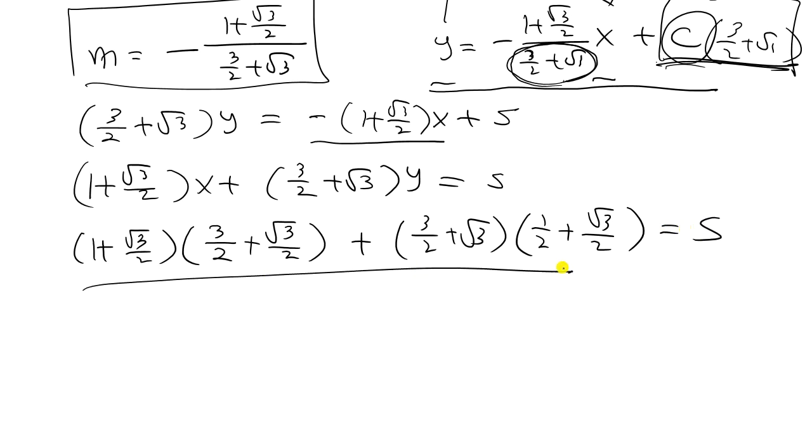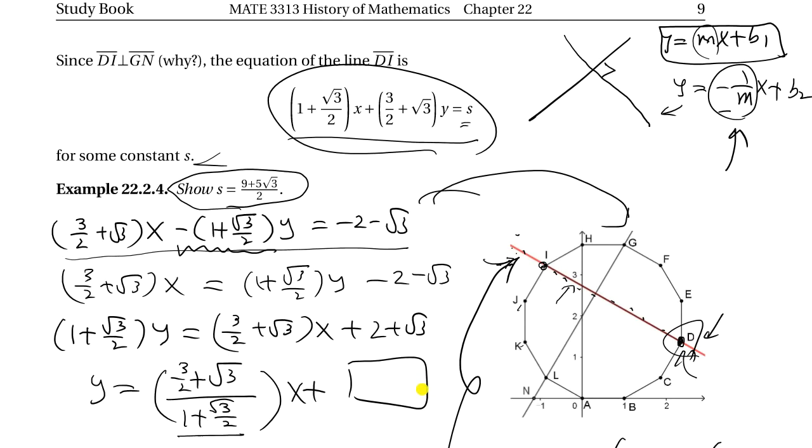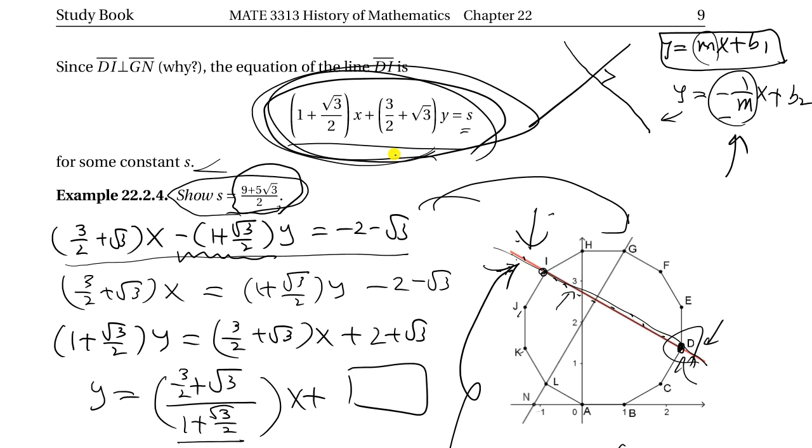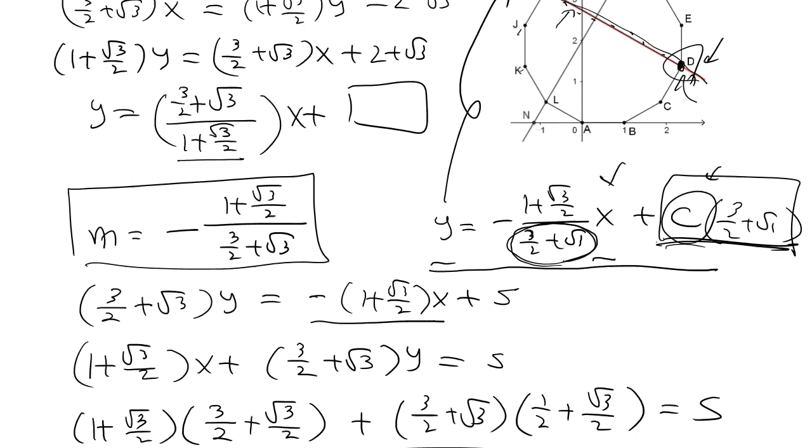So please calculate it and simplify, and finally make sure we get that constant term for that expression. So now we have the line equation for this line DI. So please keep that one.